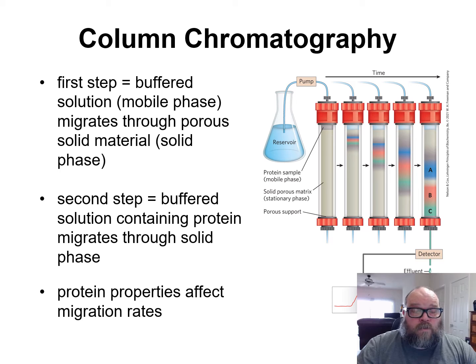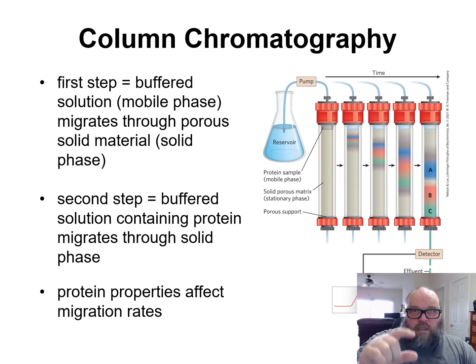Not all of them, only certain ones, and hopefully one of those that will interact will be your protein of choice. So as you notice above my head here, as your big mix, your crude extract or your fractionation, goes through, things start to separate out by size, by ionic interaction with the agar, or the microbeads, or the cellulose that's been treated a special way.